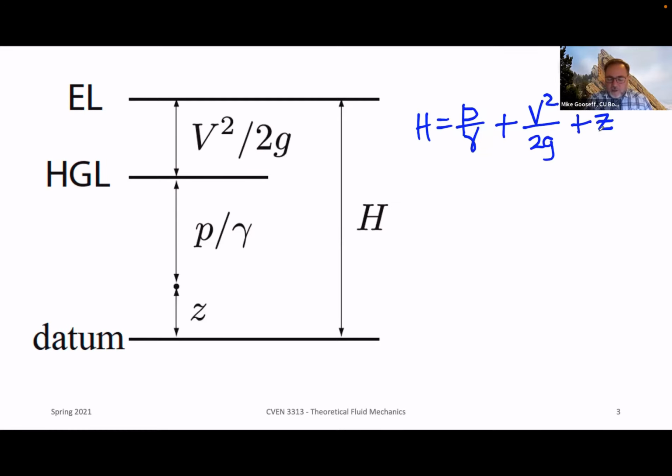And so if H is the total energy, H1 is equal to H2 is equal to H3, et cetera, along the flow path or streamline of interest. So let's go back to these three examples I showed you quickly at the end of class on Tuesday to talk through them a little bit.